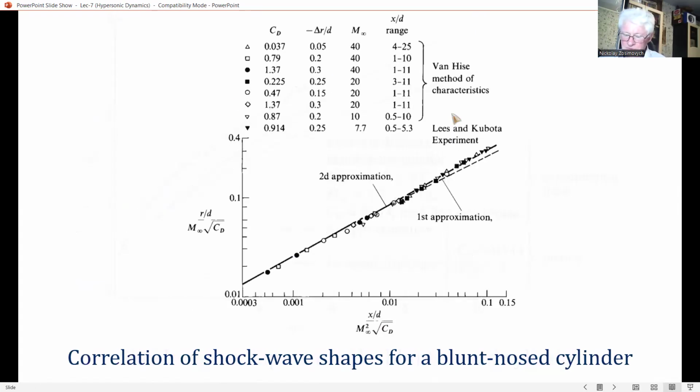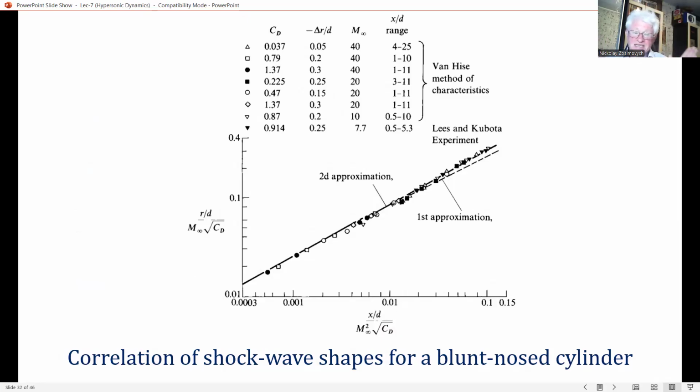However, if the predicted shock wave is shifted by an amount delta R, as indicated in this figure, then good agreement is obtained. Moreover, this figure demonstrates that the blast wave theory predicts properly the following.